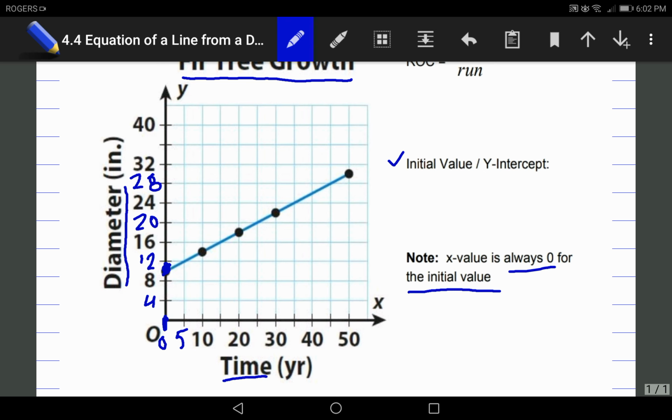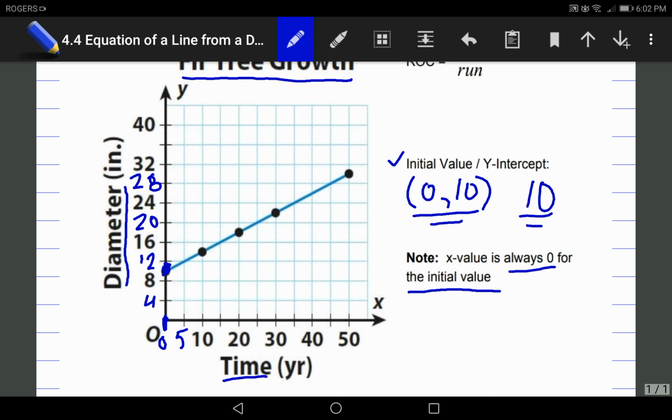So the initial value or y-intercept here, if I were to write it as a coordinate, would be 0 for x, comma, and it looks like it's right in between 8 and 12. Right in the middle of 8 and 12 is 10. So you could either write it like this, or you can write it as simply 10.